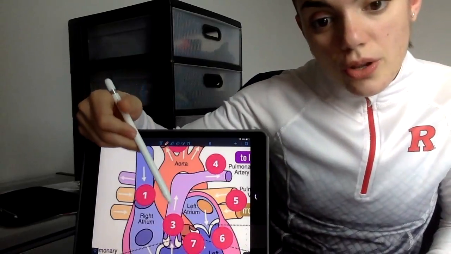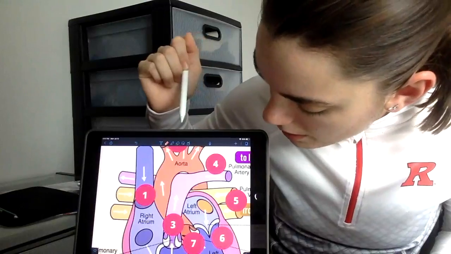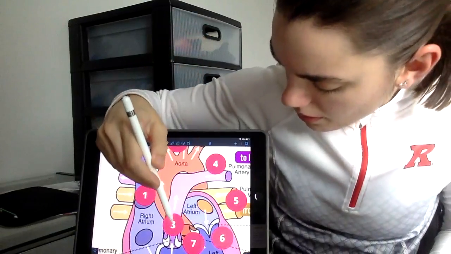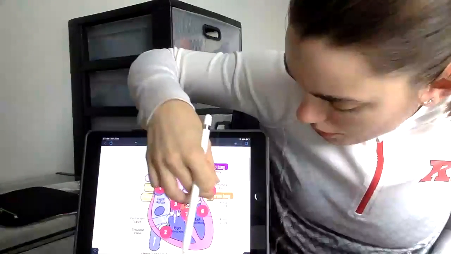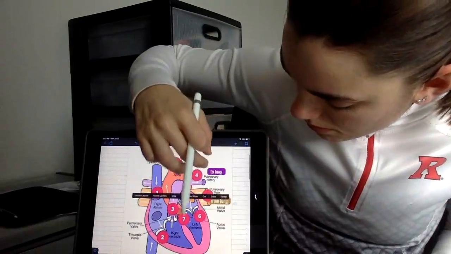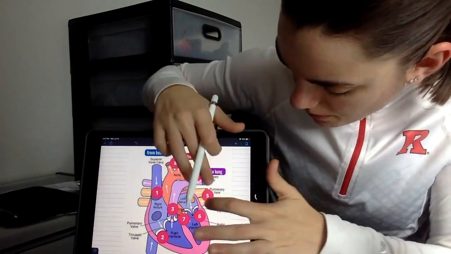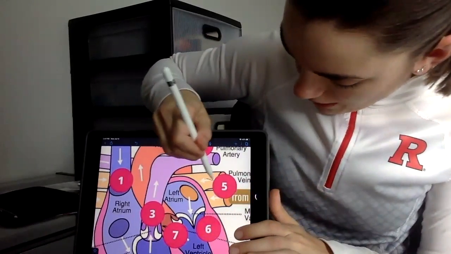So it goes through the pulmonary valve, through the pulmonary artery to the lungs, and it comes back through the pulmonary veins, which are right here.